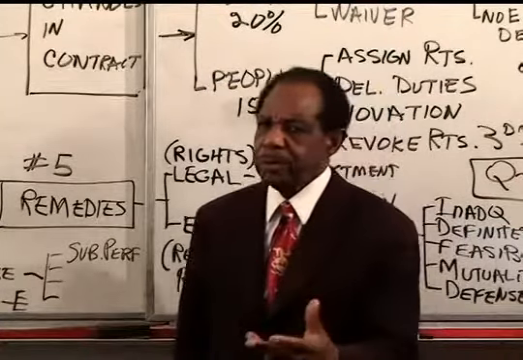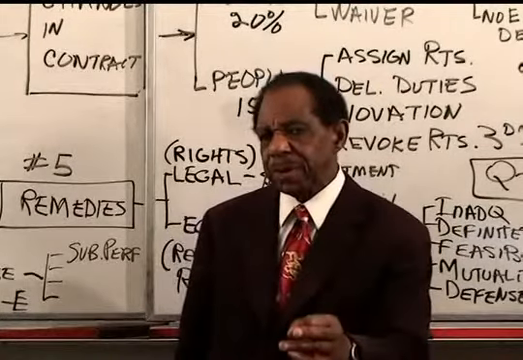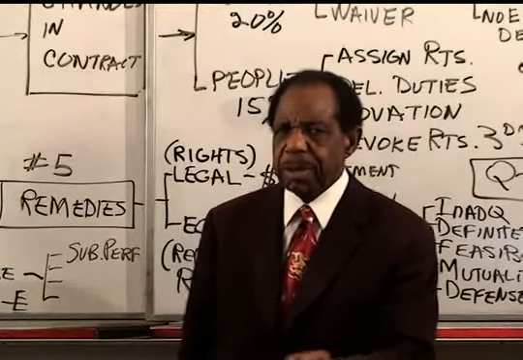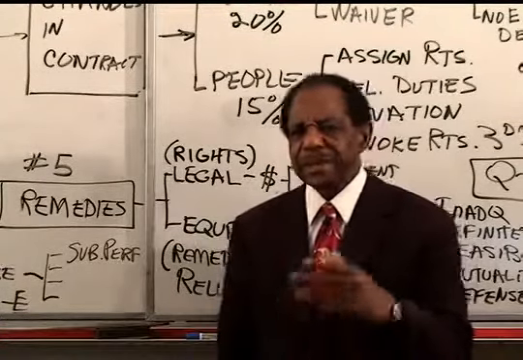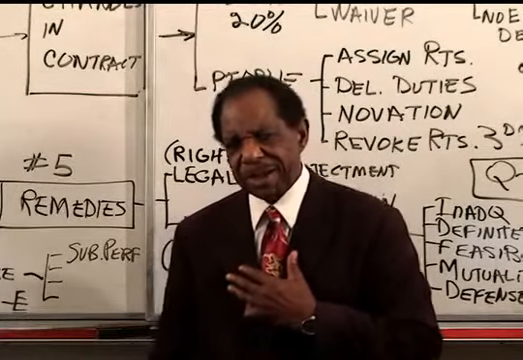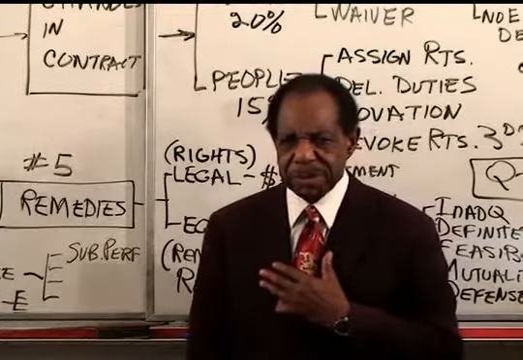I send you a written confirmation, and you get it within a reasonable time. This is all subsection 2. And what I sent you is enough so that I am bound. It's signed by me. It's got enough details in there so that I am bound. You get it within a reasonable time.